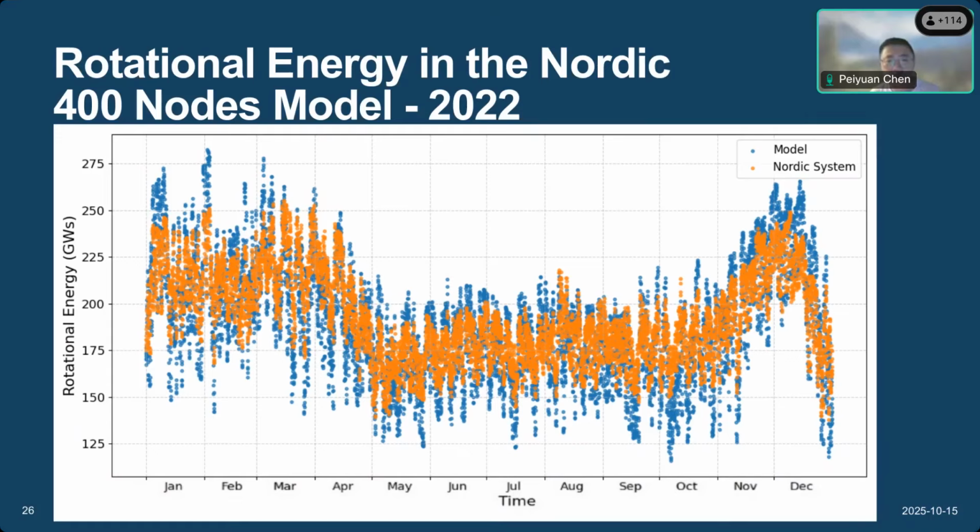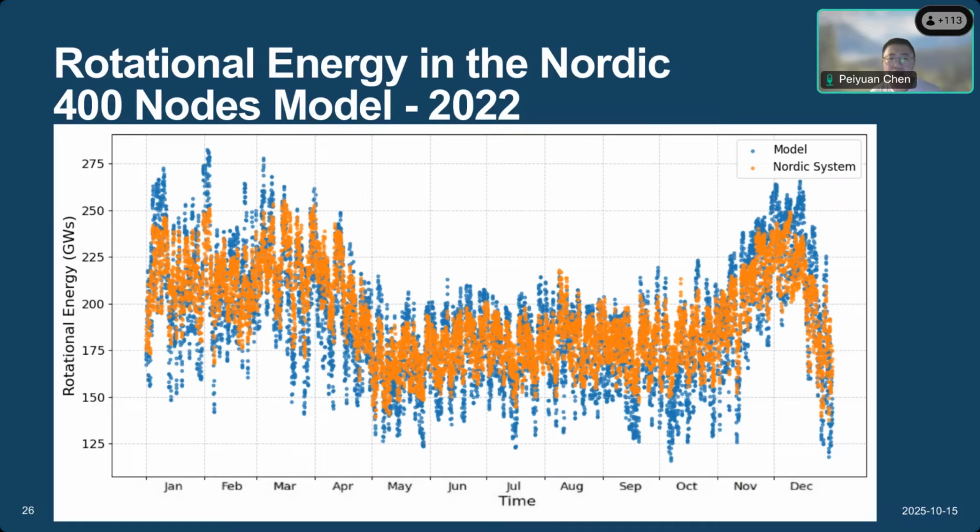So here we have done an hourly calculation of the rotational energy in our model, shown in the blue dots, whereas the actual measurements from the Nordic TSO are shown in the orange dots, which have shorter, smaller variations. Overall, I think we capture it pretty well in our model.